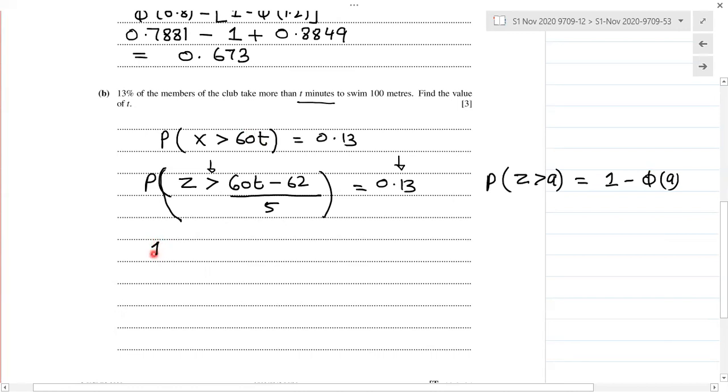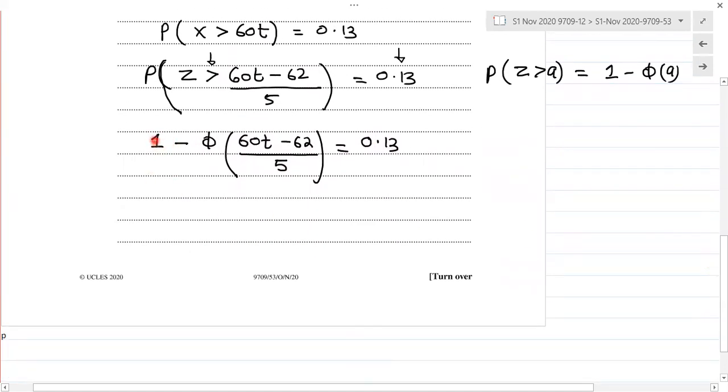Now this is going to be 1 minus phi of 60t minus 62 divided by 5 is equal to 0.13.